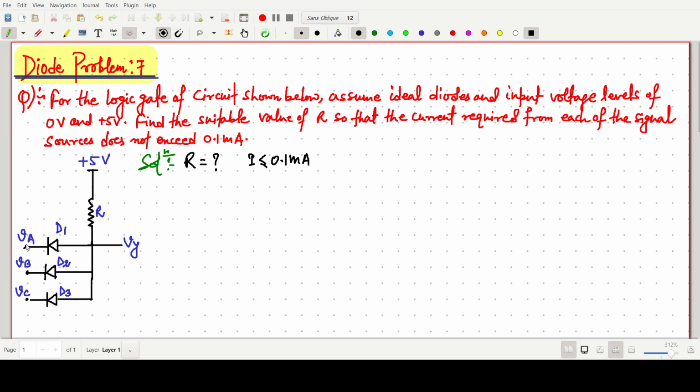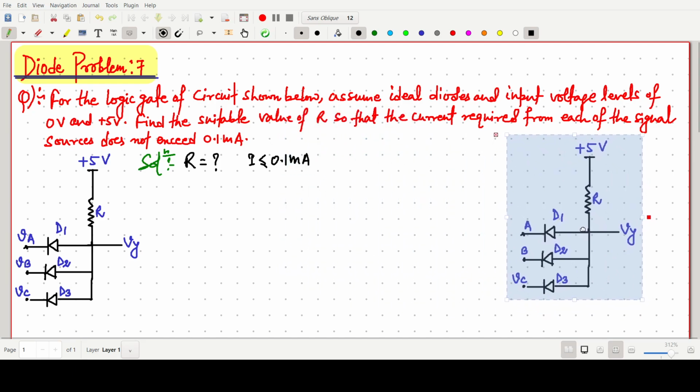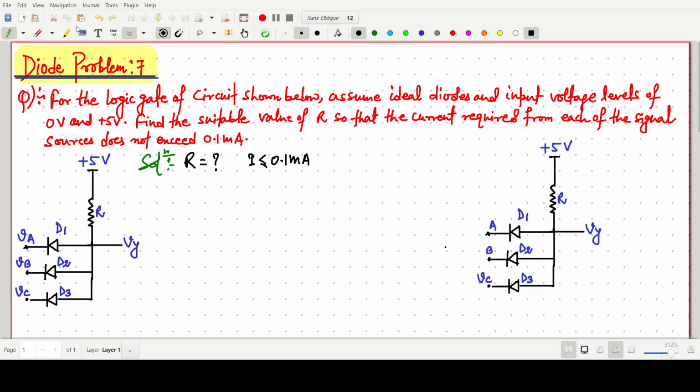Here there are three inputs, so for simplification, I am making the same circuit with two inputs.